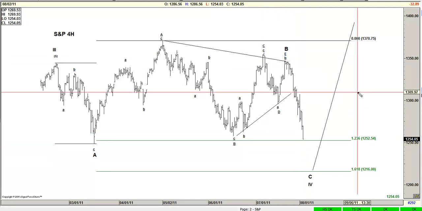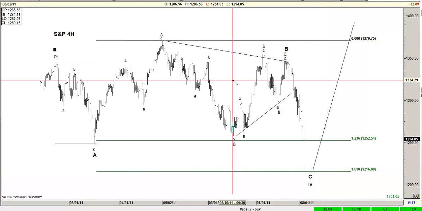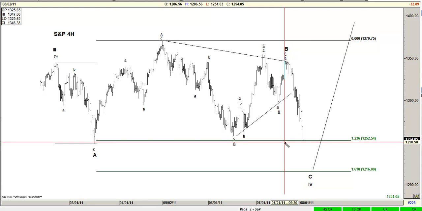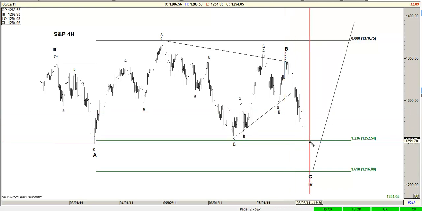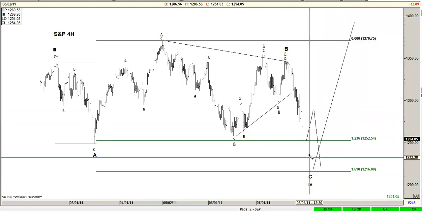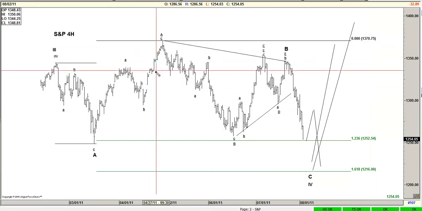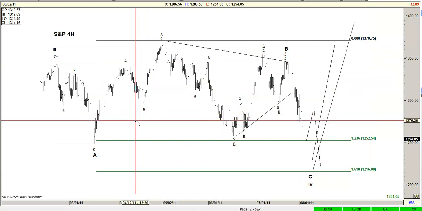I want to see the S&P below towards 16 before I can call that this is it and what we were expecting is happening. We're expecting a bounce to some degree in the S&P, or a bounce higher. We're still bullish on the S&P. This is our series of three waves, and that's the way we like to count, guys.